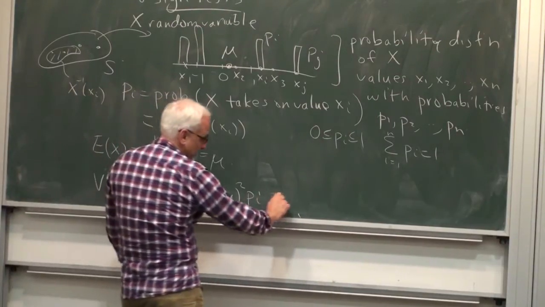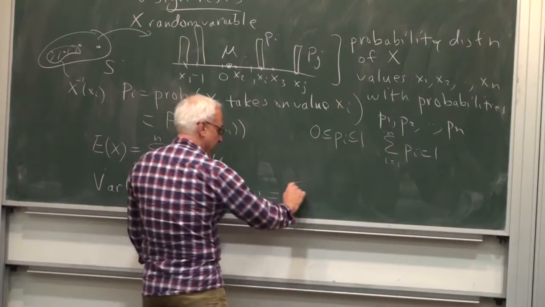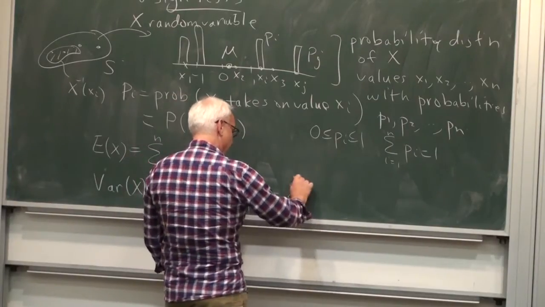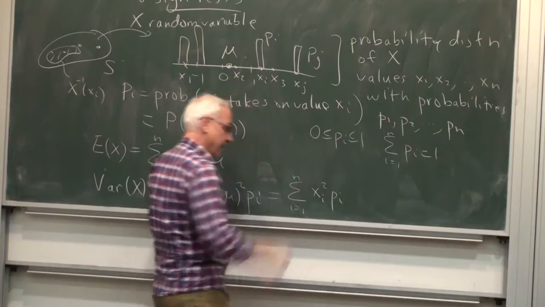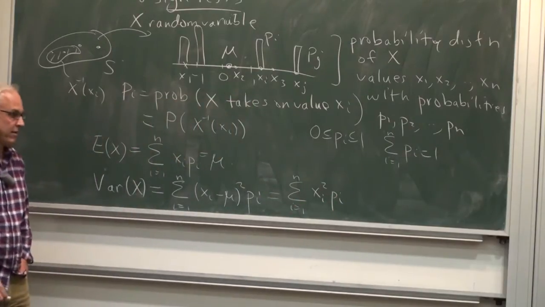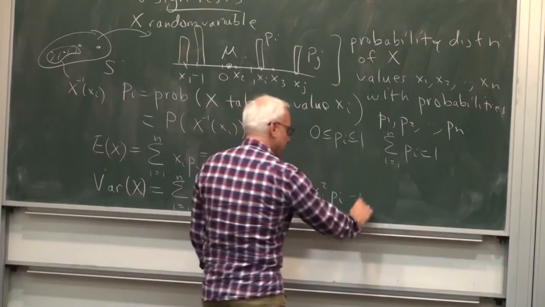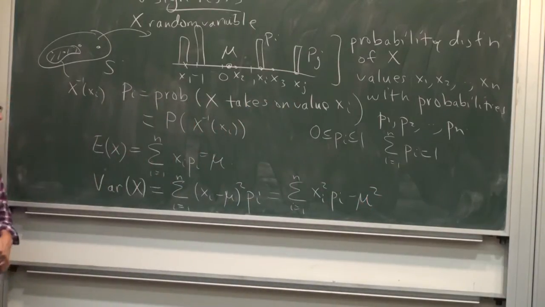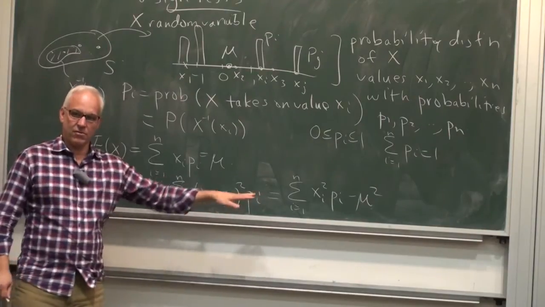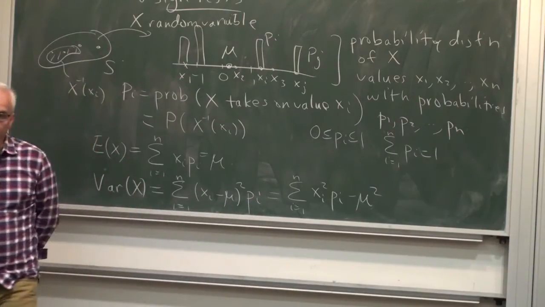And we saw that there was an alternate way of thinking about that. An alternate way of thinking was the sum from i equals 1 to n of the xi squareds times the pi, minus the expected value squared. So these are sort of equivalent or alternate ways of computing things.